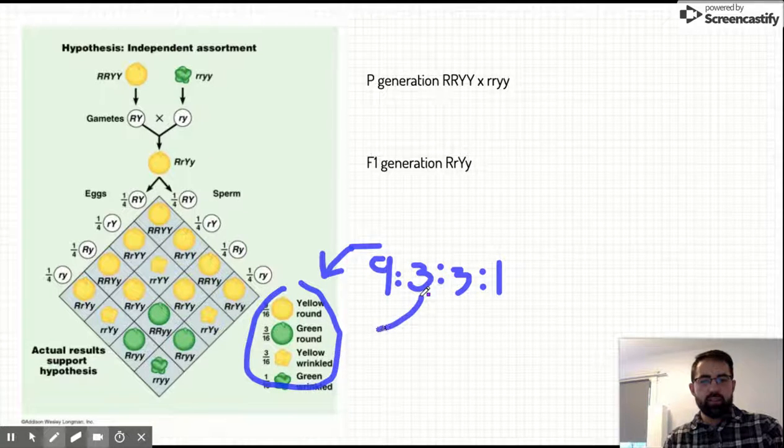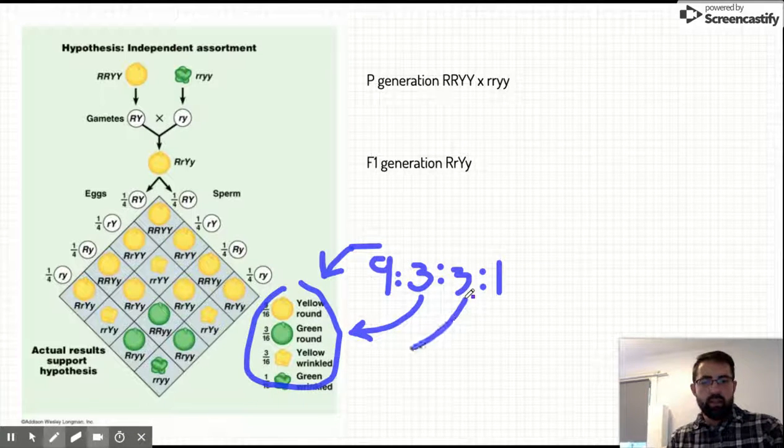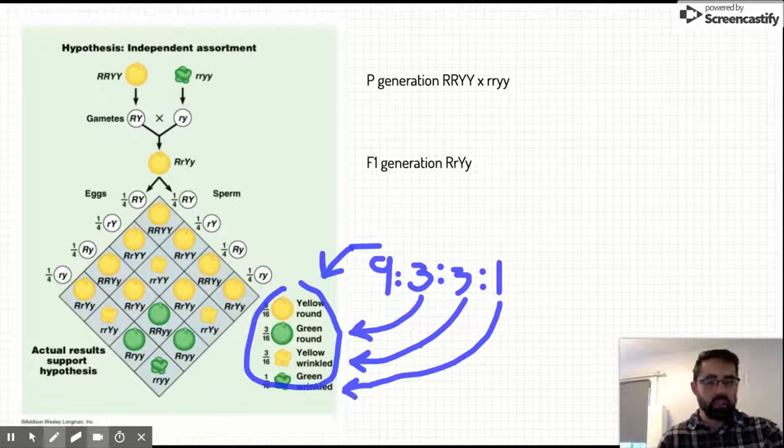The 3s have one dominant trait, like round, and then a recessive trait like green. The other 3 is the opposite, where it looks yellow, the dominant trait, but is wrinkled, the recessive trait. And out of 16 possible outcomes, 1 out of 16 should look recessive and would be genetically recessive as well. So this was what he found through this independent assortment of traits.